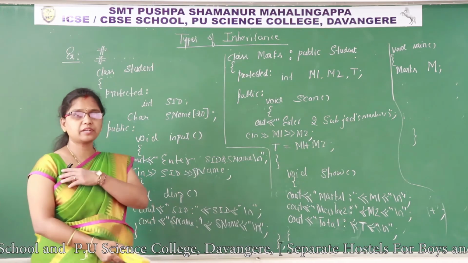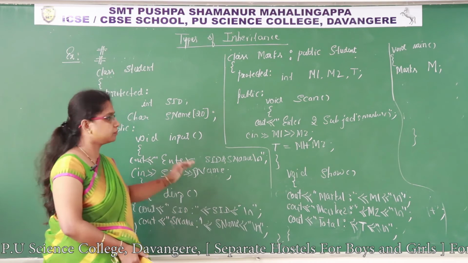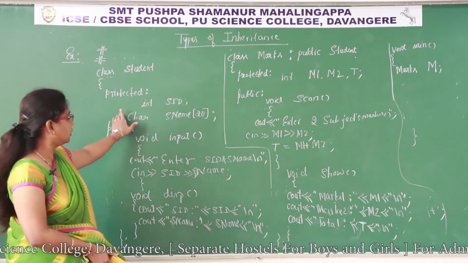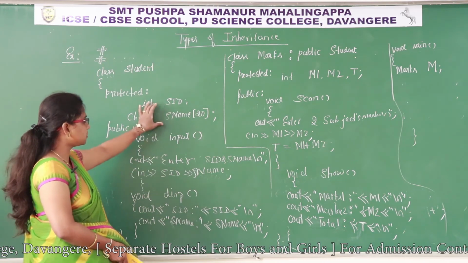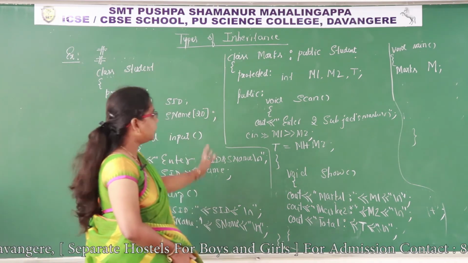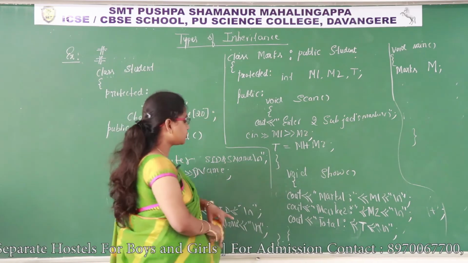As per the problem statement, I have taken 2 member functions in the base class to access these 2 data members. To read this, I have taken input, and to display, the disp function. And for the derived class also, in the problem statement they have given that we must take two functions in the derived class.